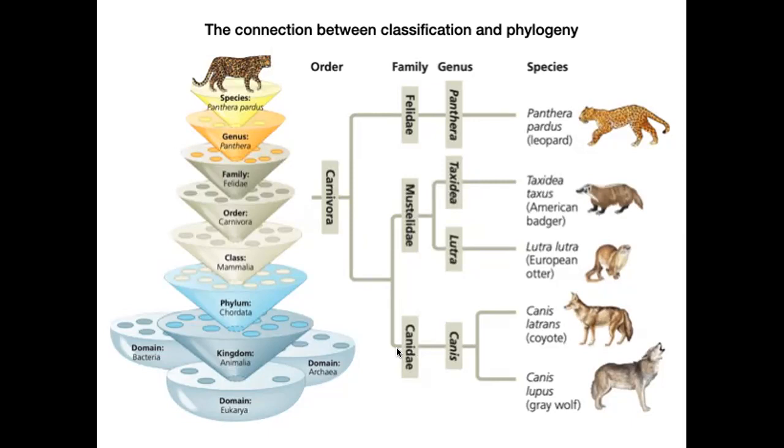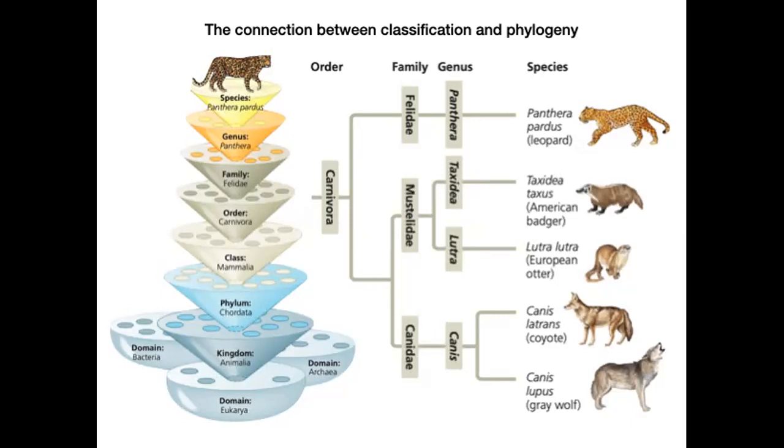So this means that those with a more specific Linnaean classification would most likely be situated in one clade. It goes to say that hierarchical classification based on Carolus Linnaeus simply reflects these branching patterns of phylogenetic trees.